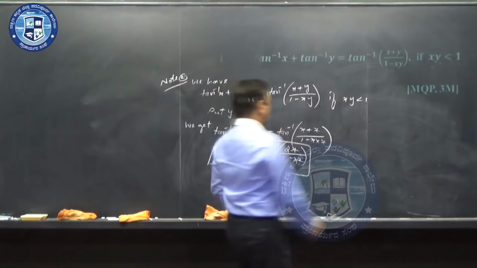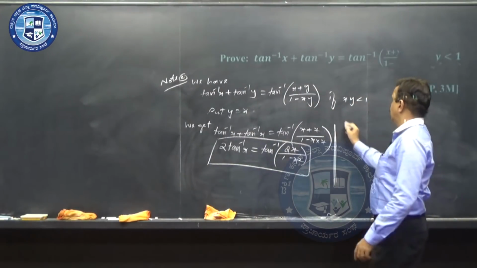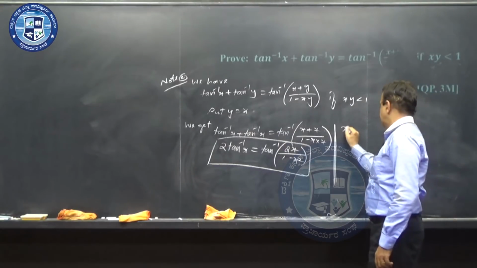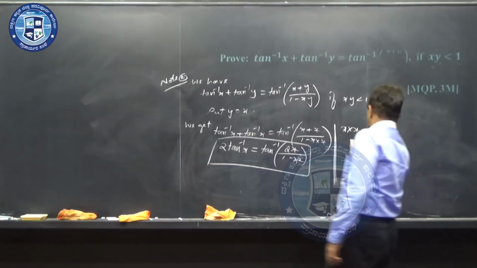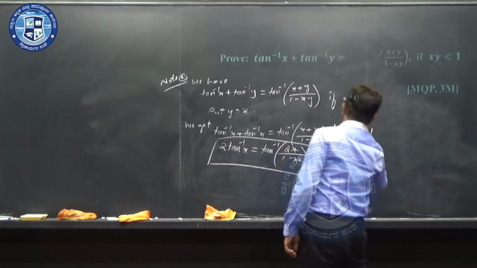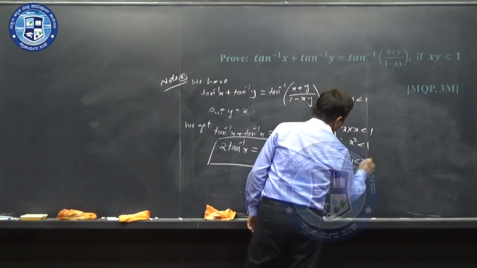And what is the condition? We have substituted y is equal to x. Therefore, xy less than 1 means x into x less than 1. Therefore, x square is less than 1. Therefore, x lies between minus 1 and plus 1.